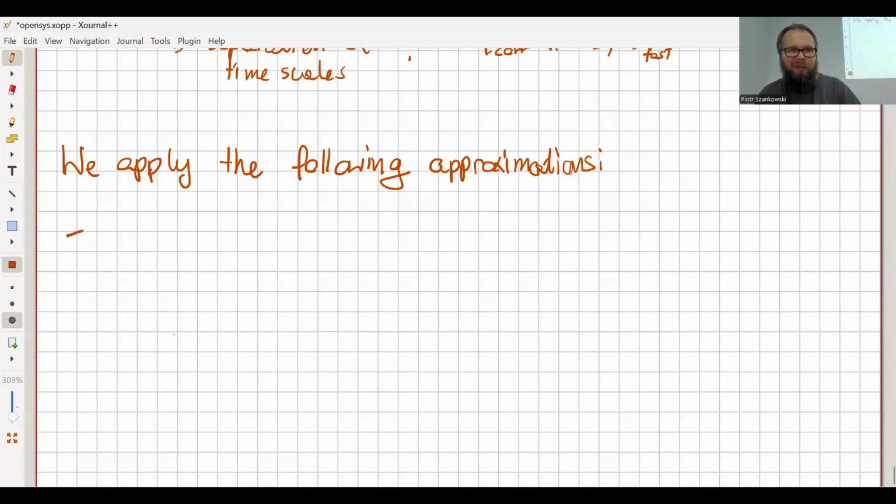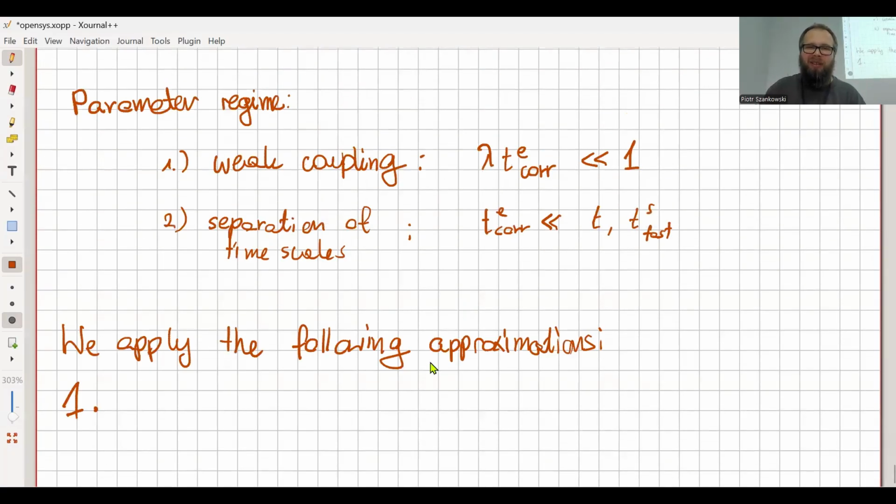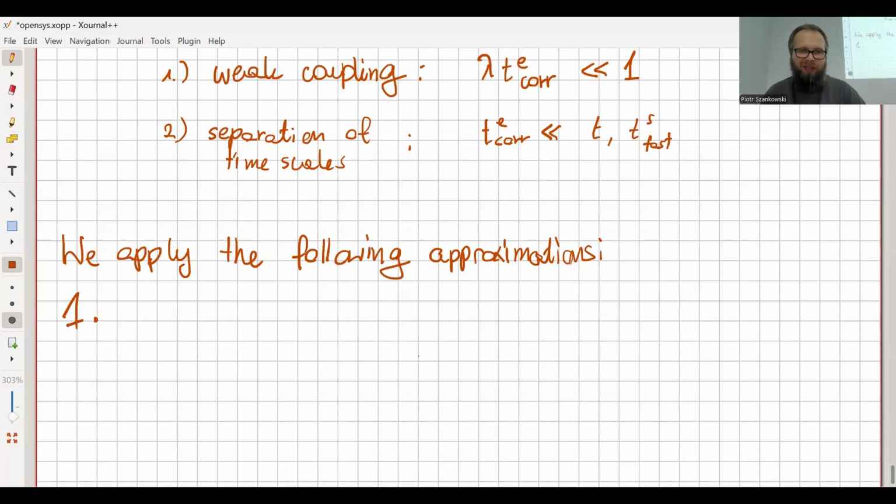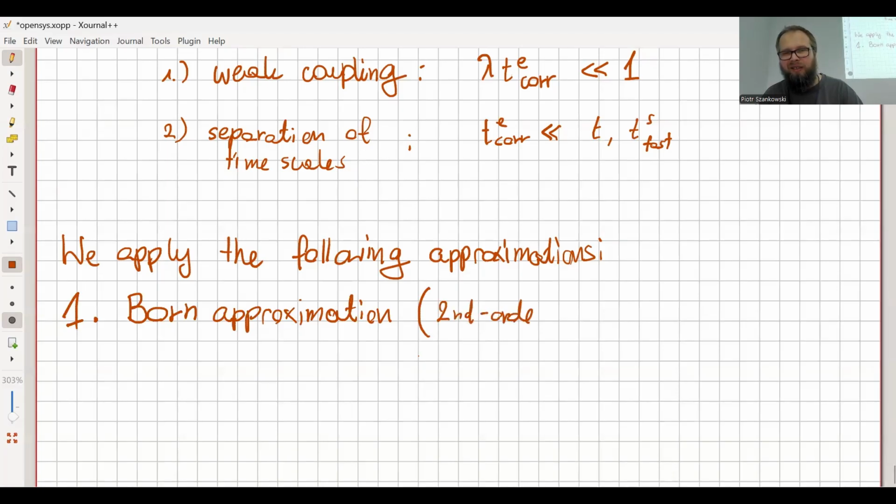So approximation number one: since we have weak coupling and separation of timescales, we'll start with something that should be called the Born approximation, which amounts to a second order approximation for supercumulants.